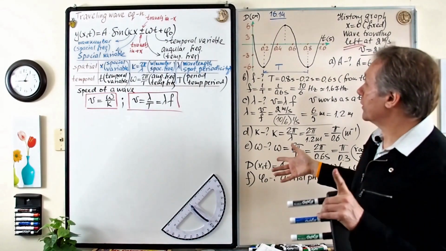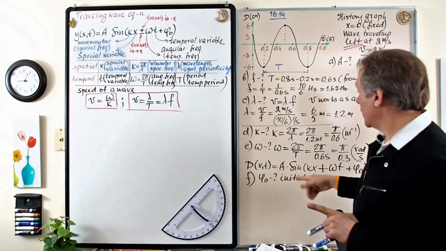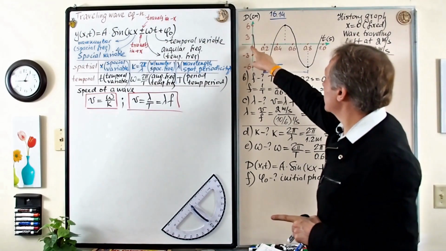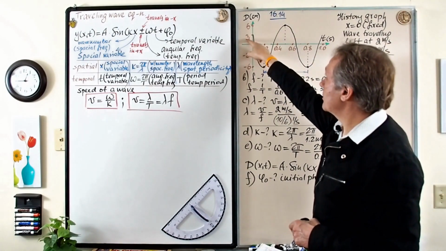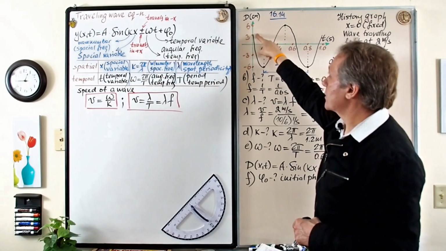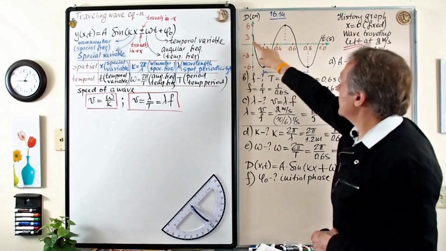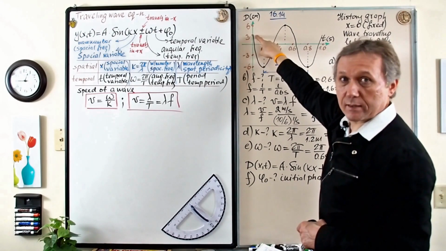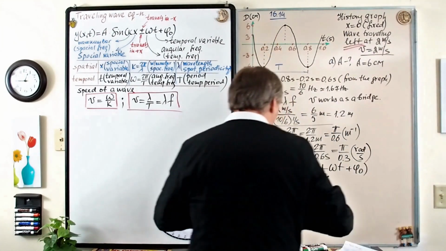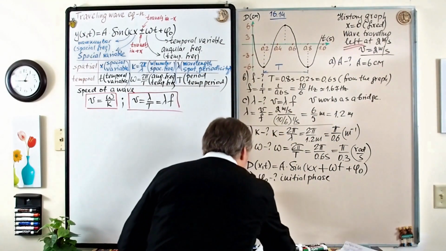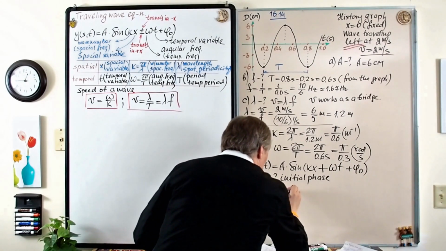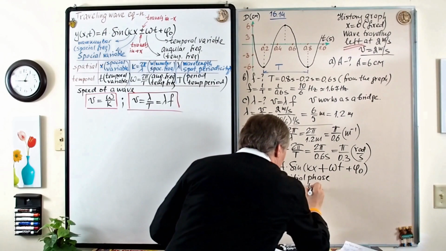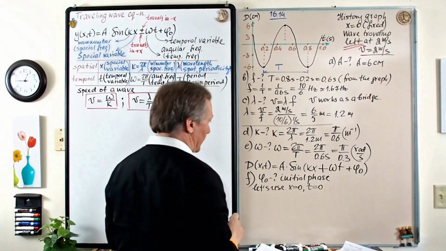So the easiest point which you can use to find the initial phase is t equals 0, initial moment of time. And we know the displacement is 3 centimeters. So x equals 0, t equals 0, displacement is 3 centimeters. So let's use that point. All right, so let me write, let's use x equals 0, t equals 0, right?